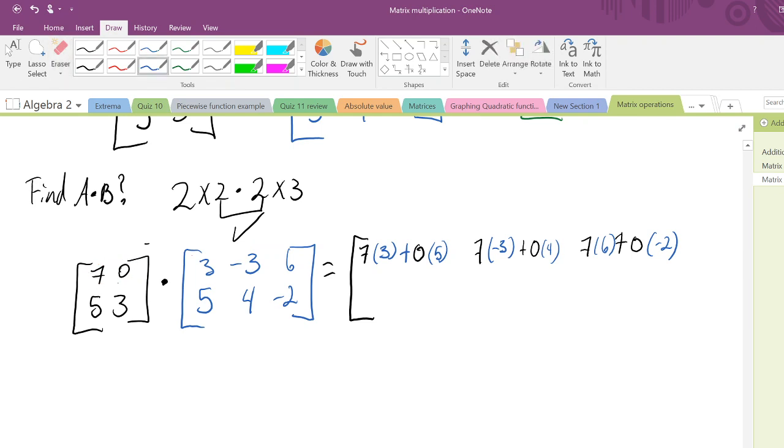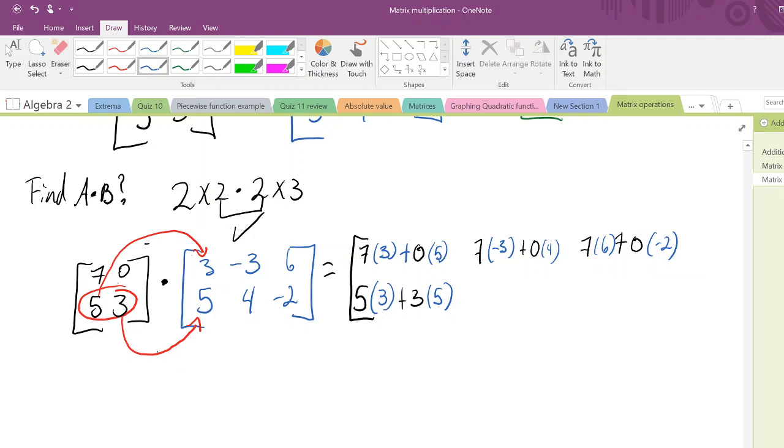I'm going to grab this 5 and multiply it by this 3, and this times that. So I'm going to have 5 times 3 plus 3 times 5. And then I'm going to do the other one.